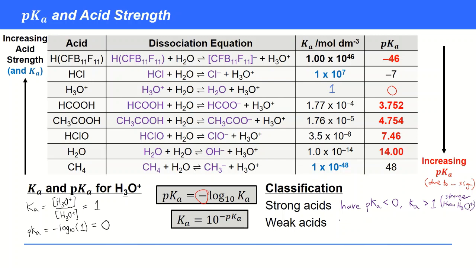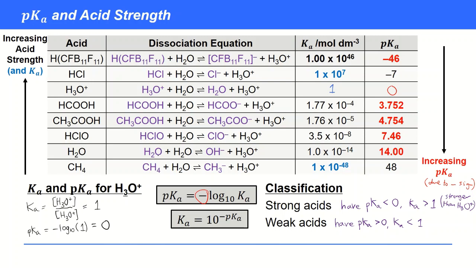Now weak acids, in contrast, are going to have a pKa bigger than 0 and a Ka of less than 1. So methanoic acid, ethanoic acid, chloric acid, water, they're all considered weak acids, well, these three at least.